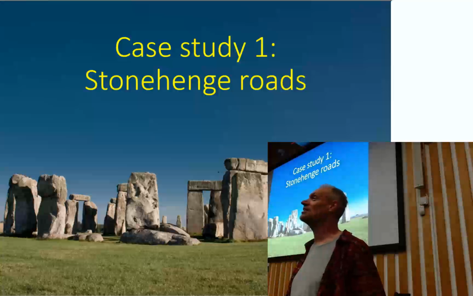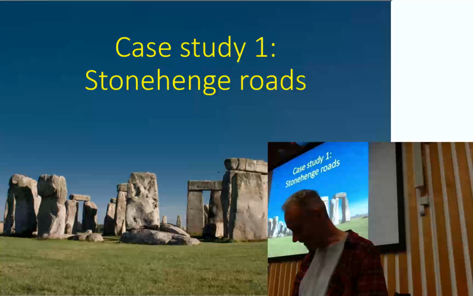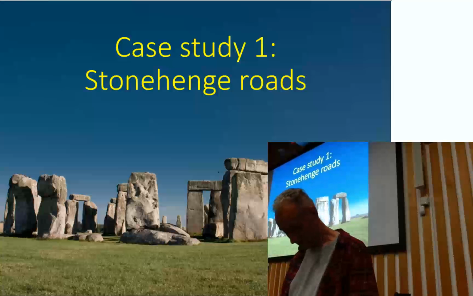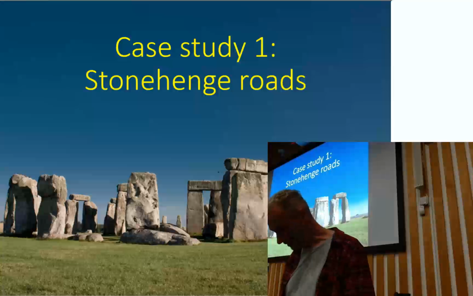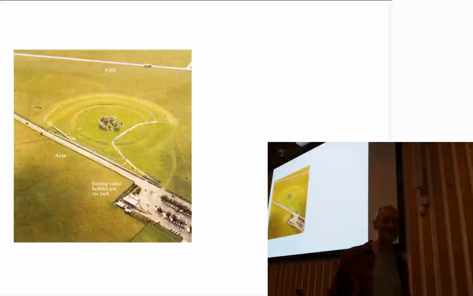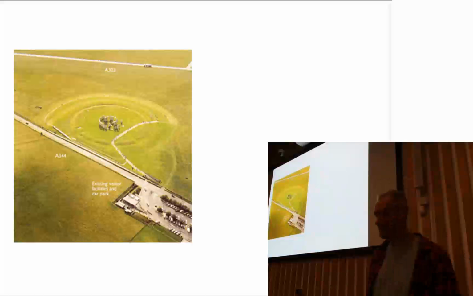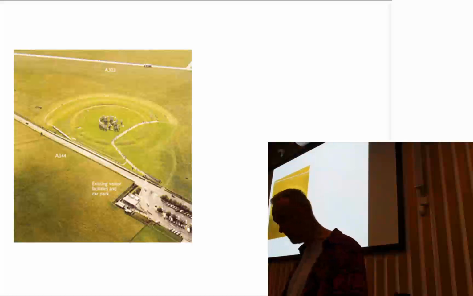Stonehenge, of course, needs no introduction, a megalithic monument in somewhere near Glastonbury, but I always forget the county because I'm hopeless at English geography. So the issue with Stonehenge is not so much the monument itself, or that was not the issue.